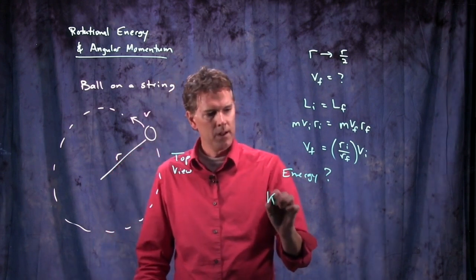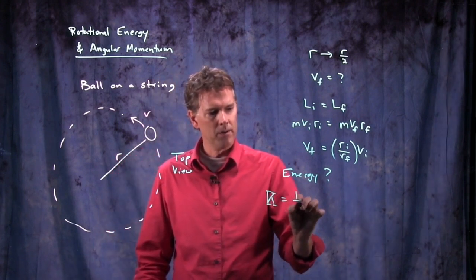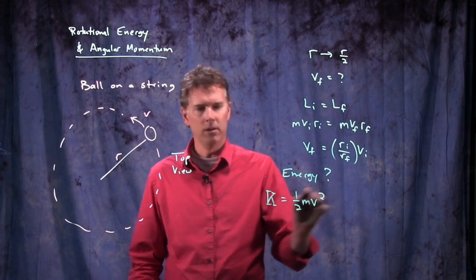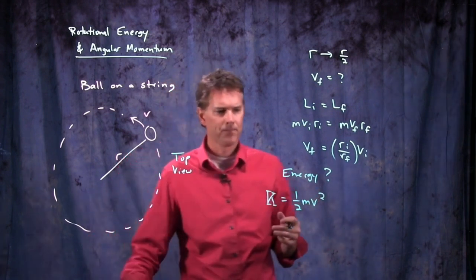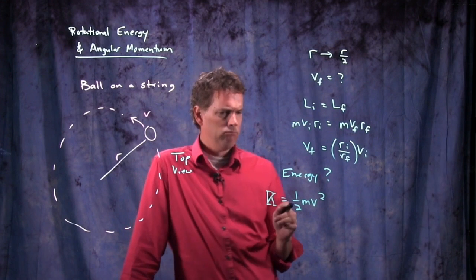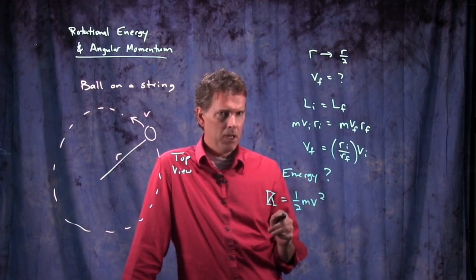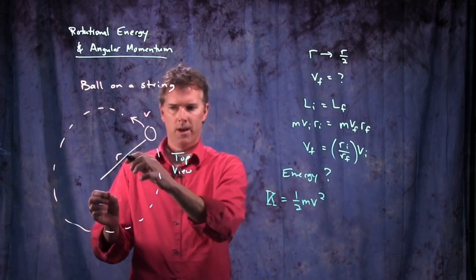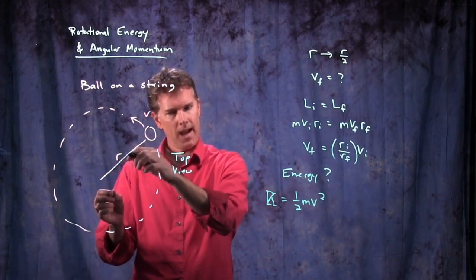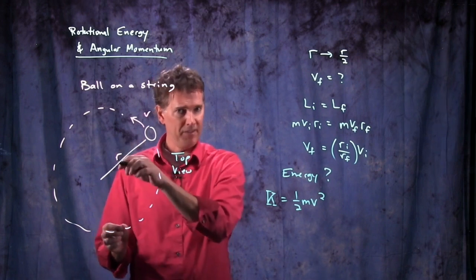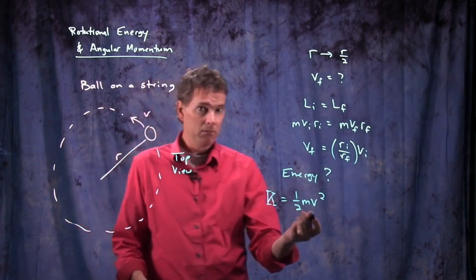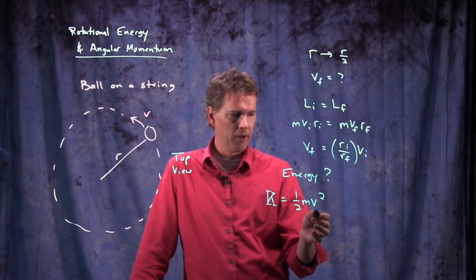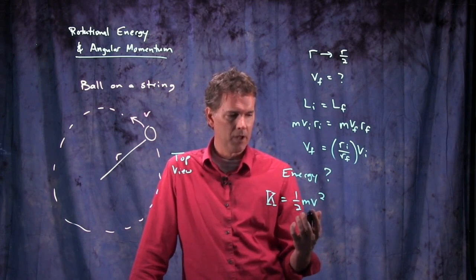Specifically, kinetic energy is just 1/2 mv squared. Does that mean that the ball somehow has more energy when it's at half the distance and spinning faster? Yeah, it seems that way, right? We said our v final goes up, so kinetic energy must have gone up.